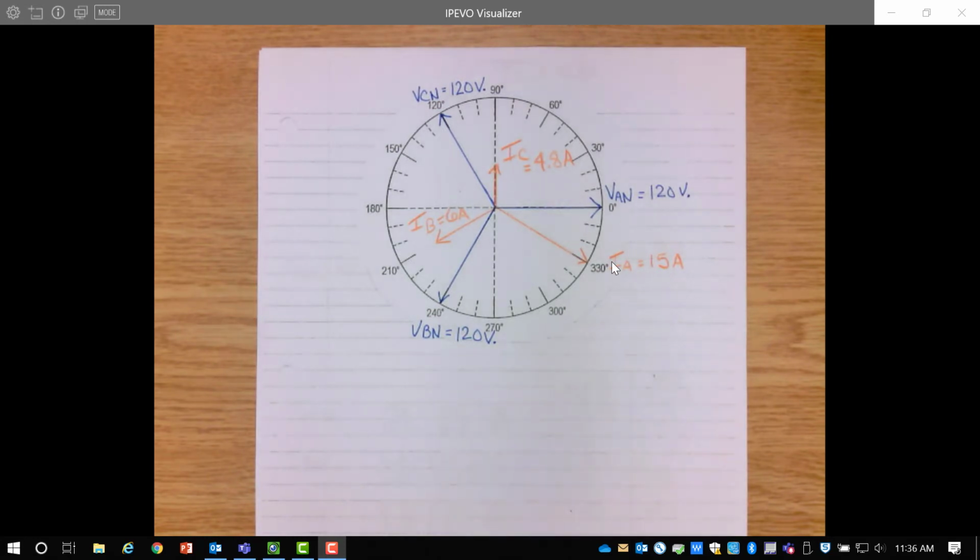So 30 degrees behind VAN is phase current IA, which is 15 amps. 30 degrees behind phase voltage B to N is phase current B, which is 6 amps. Phase voltage C to N is at 120 degrees, and 30 degrees behind that voltage is the phase current IC is 4.8 amps.